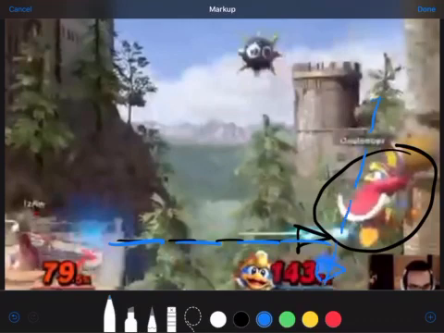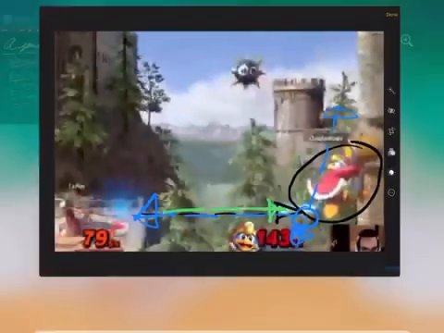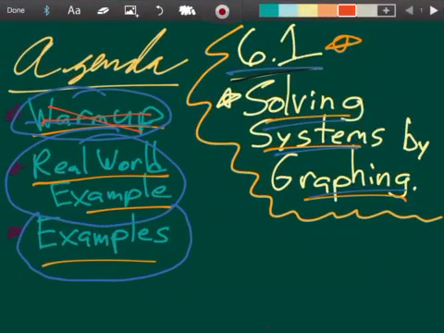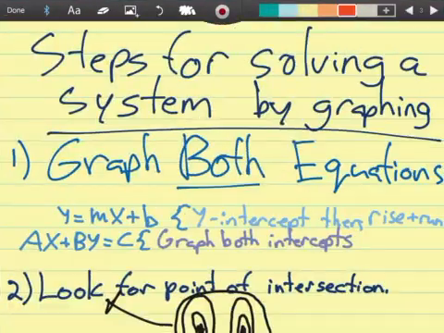And so really what's going on with this whole section is that we're graphing out two lines and trying to see where they intersect. Think of this like a video game. If you were trying to knock someone off of the screen and you have this ability to shoot a projectile in this direction, chances are it's going to hit that person. And that's really what's going on here with this whole section, is that we're trying to graph out two lines. And when we graph two lines, we call that a system.